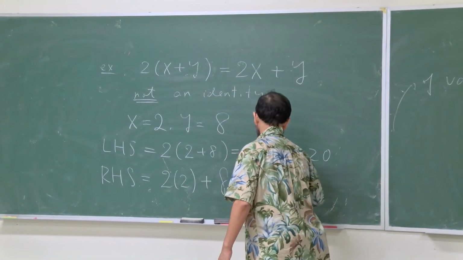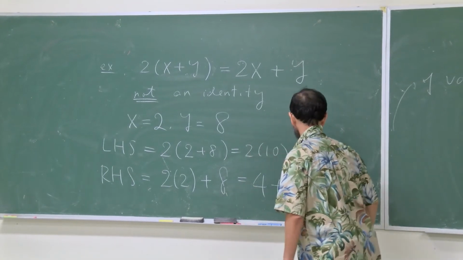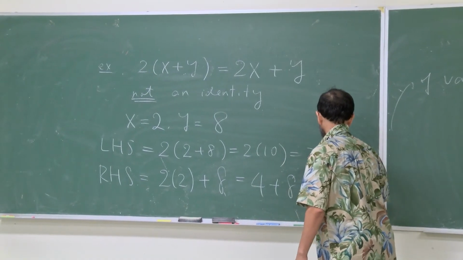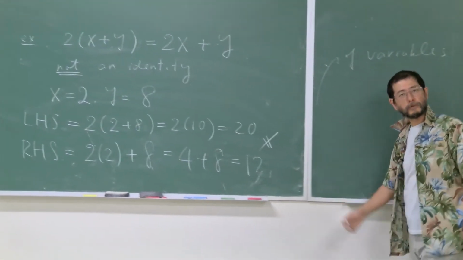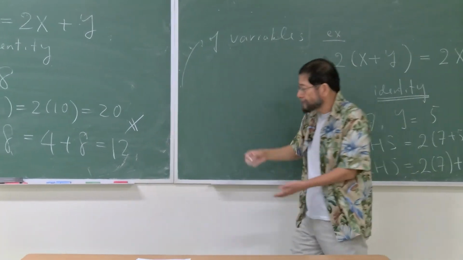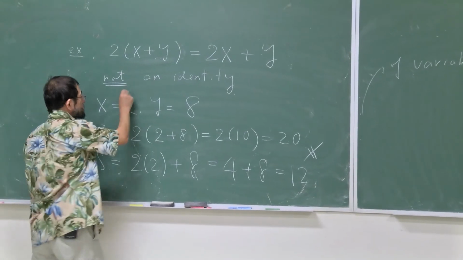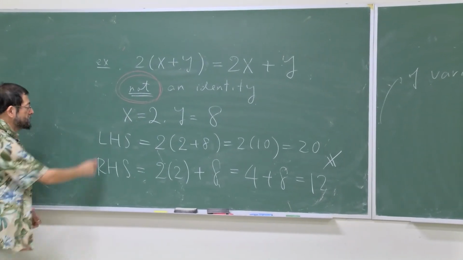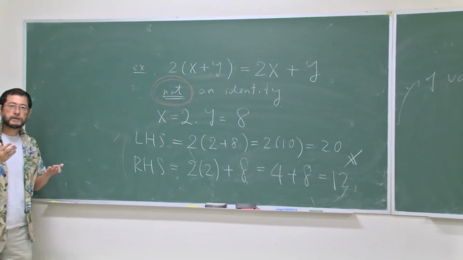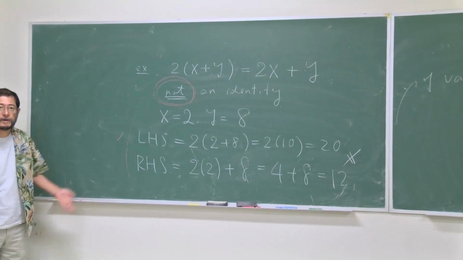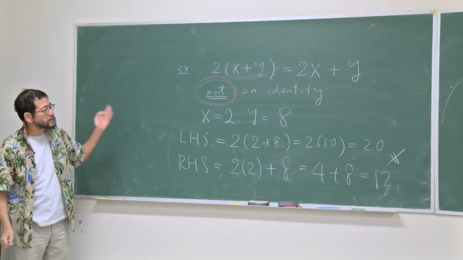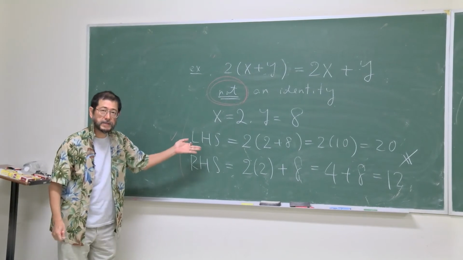So that's 4 plus 8 equals 12. And now you know they are not equal. Okay? So that's why this is enough to claim this is not an identity here. And this is mathematically rigorous, it's a perfectly fine proof. So to say no, one example is enough.